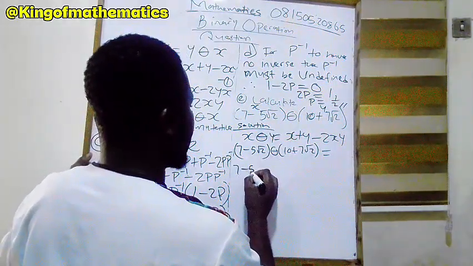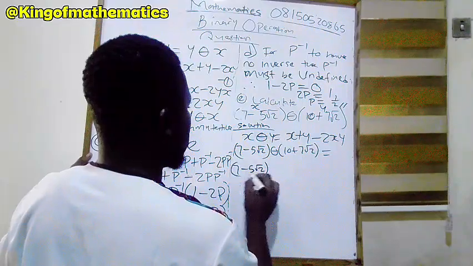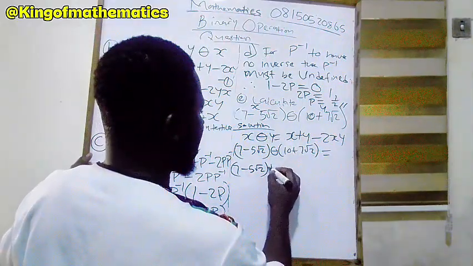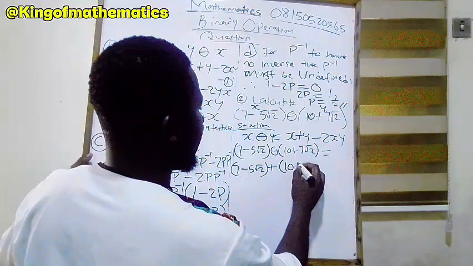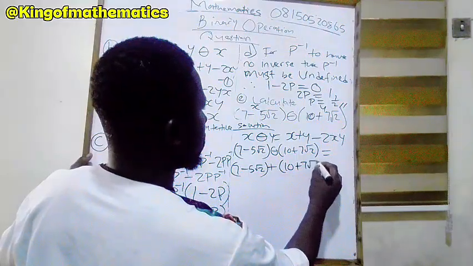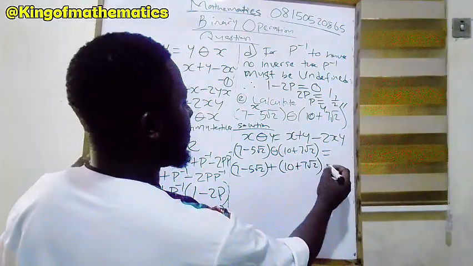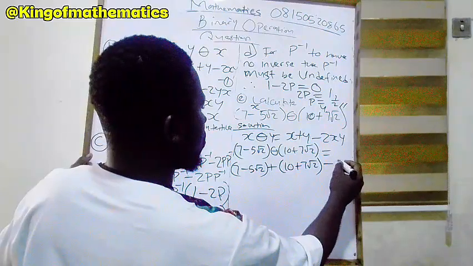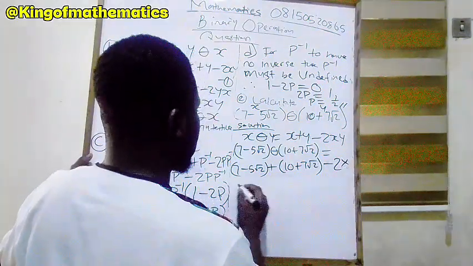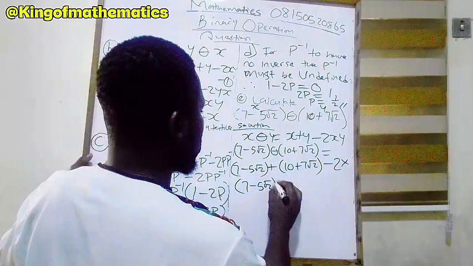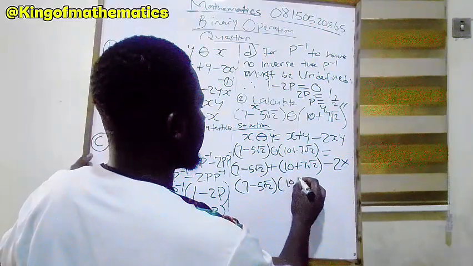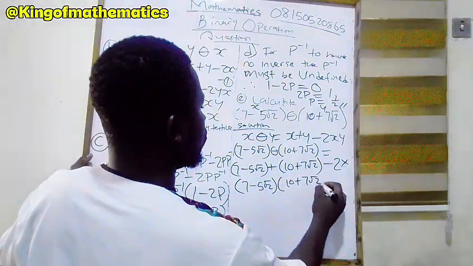7 minus 5 root 2. Then they say plus y, that's plus 10 plus 7 root 2, close bracket, then minus 2 times bracket 7 minus 5 root 2, bracket 10 plus 7 root 2.